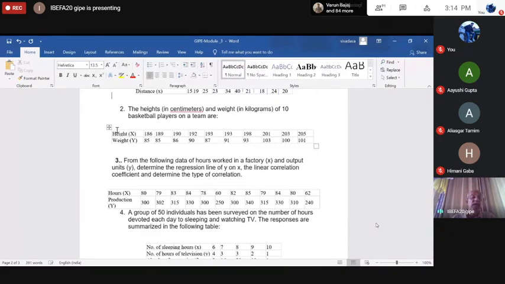So start the work on second question. Weight depends on X. Y will be the weight of the individual. X will be the height of the individual. All of you start working on it. 15 minutes I will give. And then I will show the answer and see what is happening in the data. Start. All of you have to start it now.